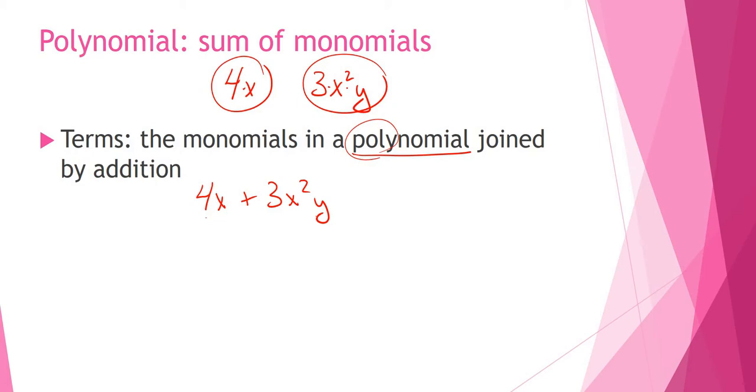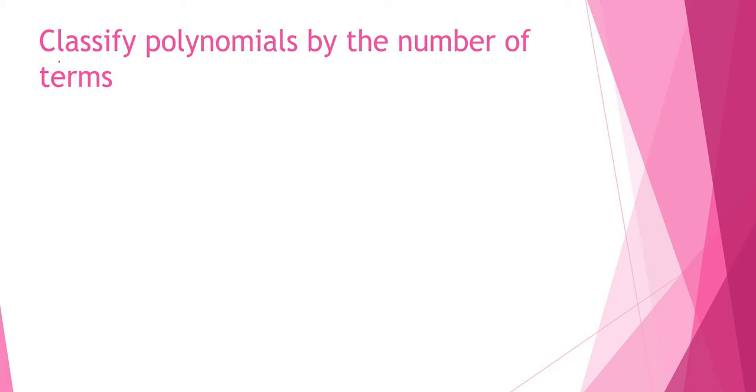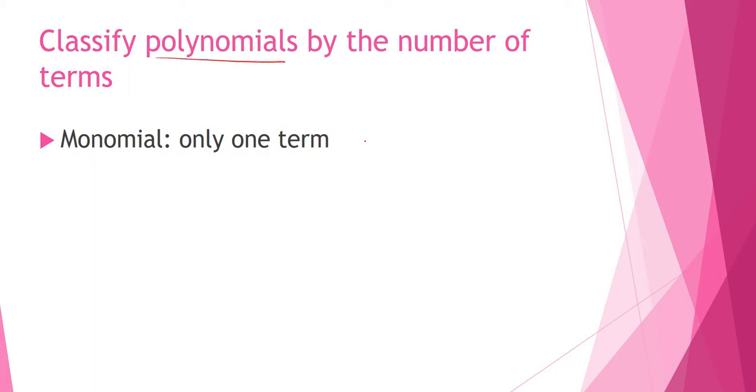Let's look at this a little bit more closely, and we'll talk more about this in class because this is really important vocabulary. Classify the polynomials by the number of terms. So a monomial is a polynomial with only one term, something like 3x or 7y squared or 4p squared q cubed.